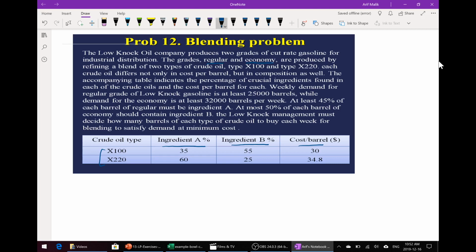In this type of problem, defining the decision variables is very important. If you define the variables properly, then writing the formulation is not difficult.